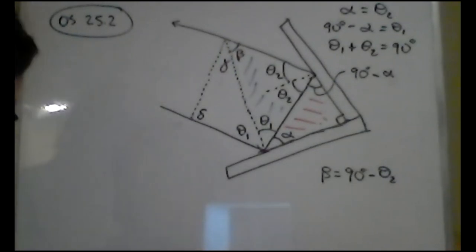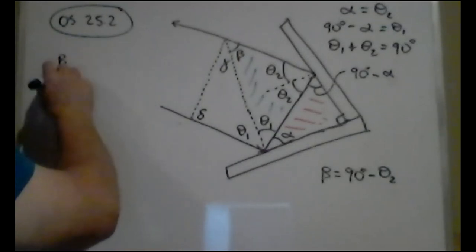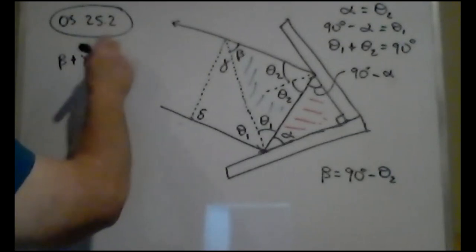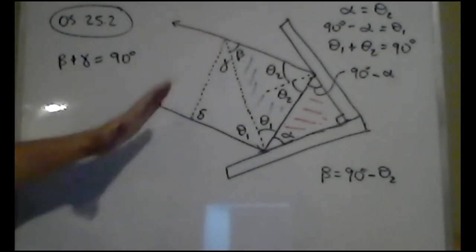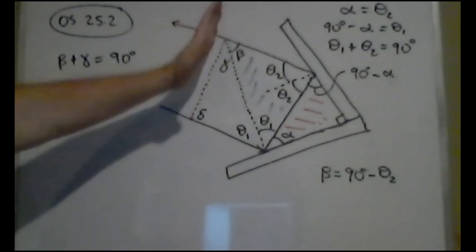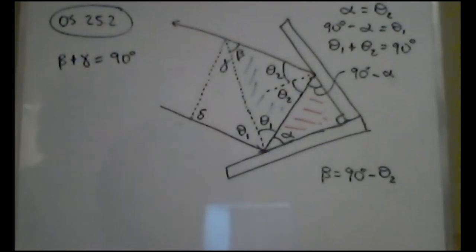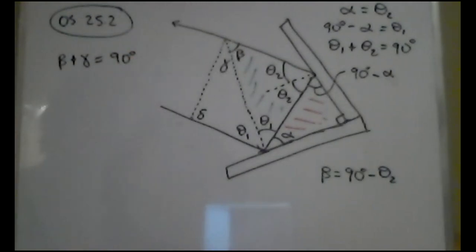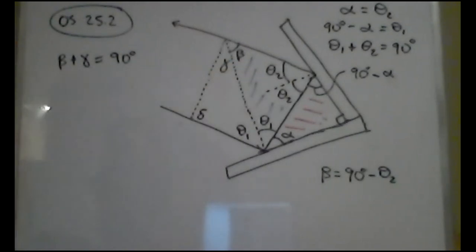I'm free to do so, since these can connect at any angle. I want to make my line such that this is truly a 90 degree angle. So I'm making this particular dashed line, completing this other triangle here, such that beta plus gamma is 90 degrees.